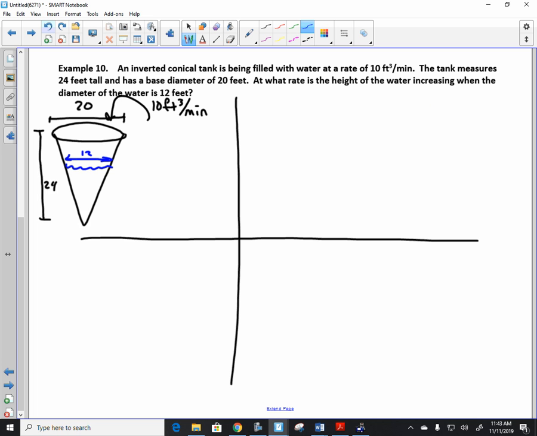Okay, so V prime is 10. All right. Formula for volume of a cone: 1/3 pi r squared h is the volume of a cone.